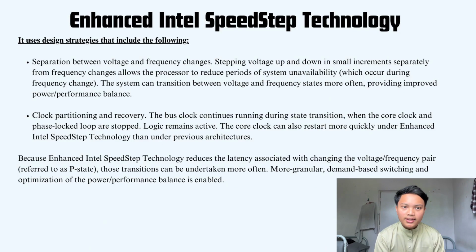Its design strategies include the separation between voltage and frequency change, stepping voltage up and down in small increments periodically, separate from frequency change, which allows the processor to reduce the period of system unavailability. So the system can transition between voltage and frequency states more often, providing an improved power and performance balance.